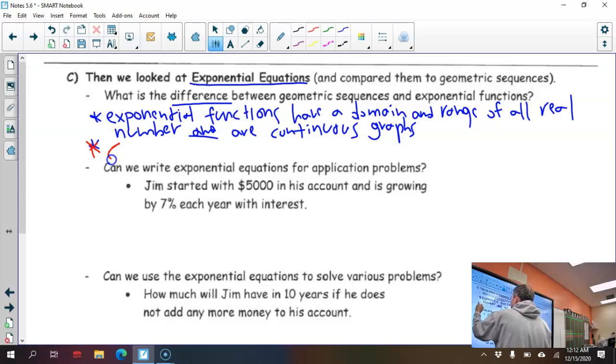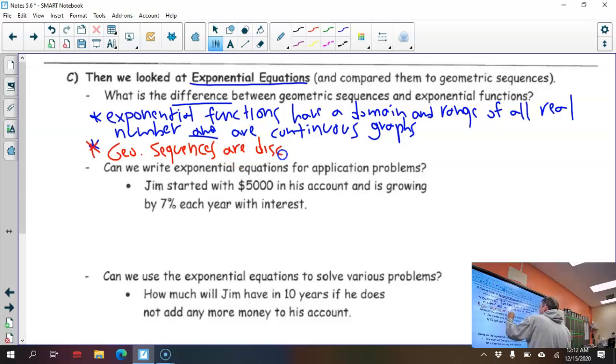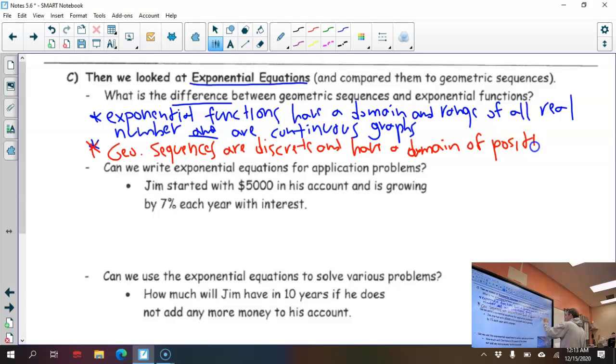Whereas geometric sequences are discrete and have a domain of positive whole numbers.